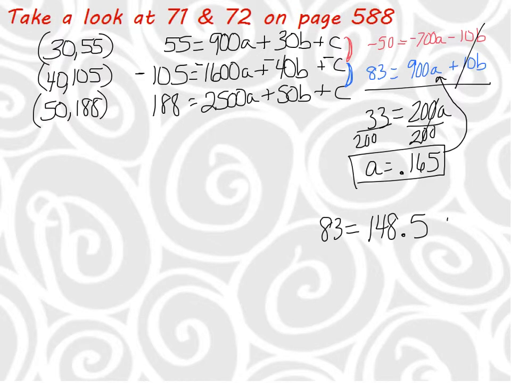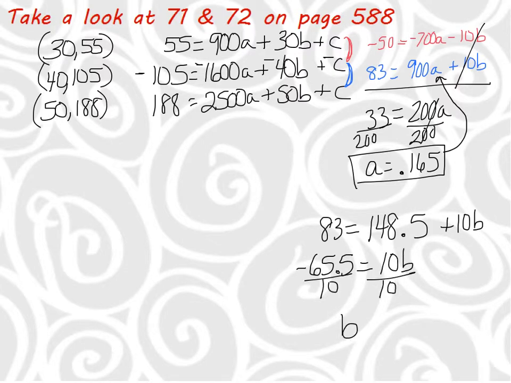And then I still have my plus 10b, and I'm going to subtract the 148.5 to the other side. Still have my 10b, divide by 10. So b is going to be a negative 6.55.